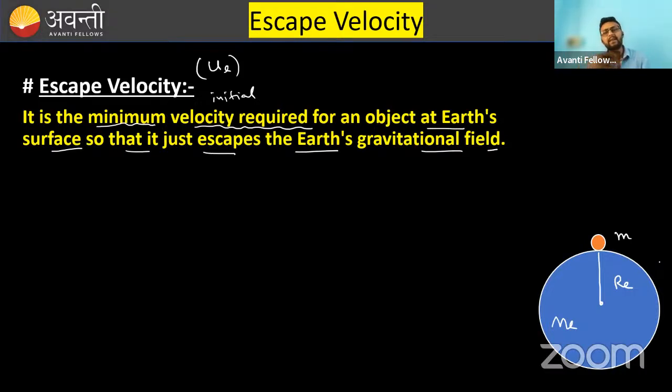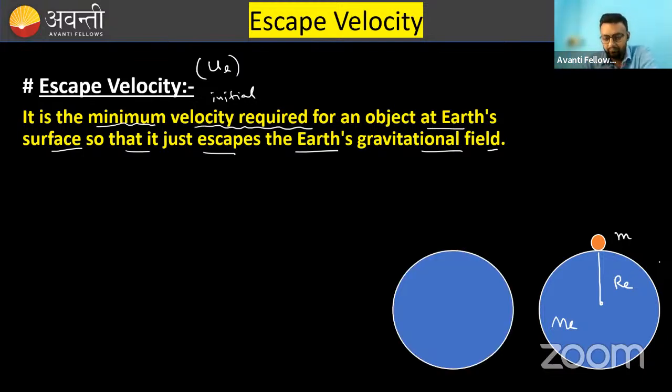It just escapes the gravitational field without any velocity. So when it reaches the infinite height, or crosses the gravitational field, its velocity is zero. Then the initial velocity given is known as escape velocity.